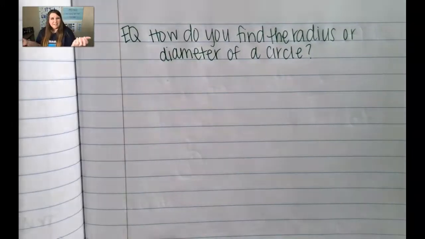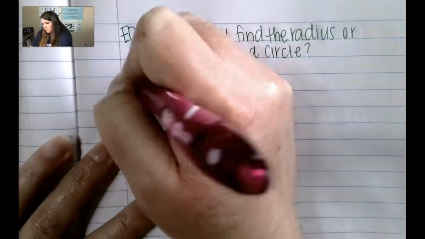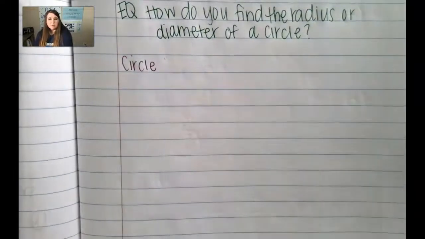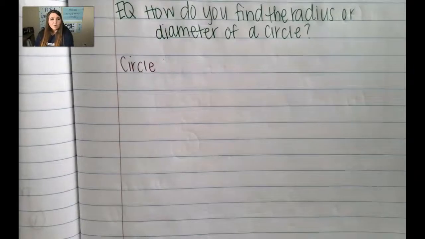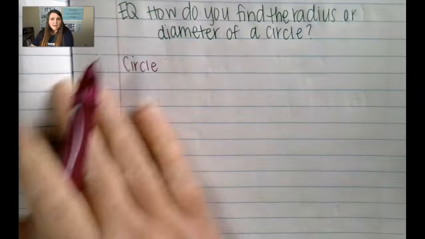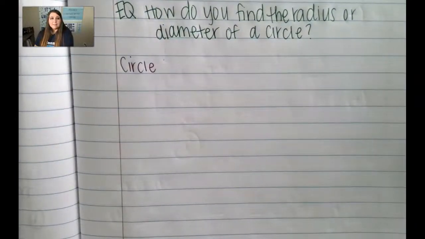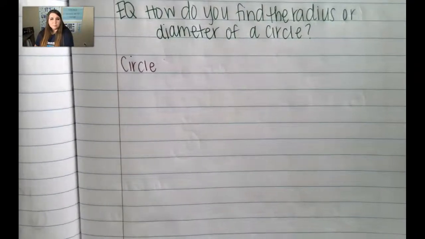But what exactly is the definition of a circle? Well, a circle, aside from it being round and measuring 360 degrees, is a set where all points in the plane, so all points in the flat surface, are around the same distance from the point which we call the center.